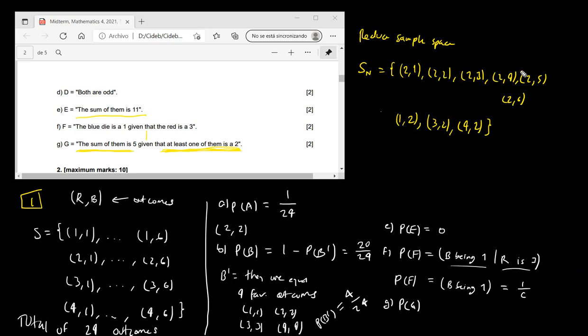It's going to be this one and this one. So the conclusion: the probability that the sum of them is 5, 2 favorable outcomes out of 11. Therefore, the probability of G is 2 over 9.